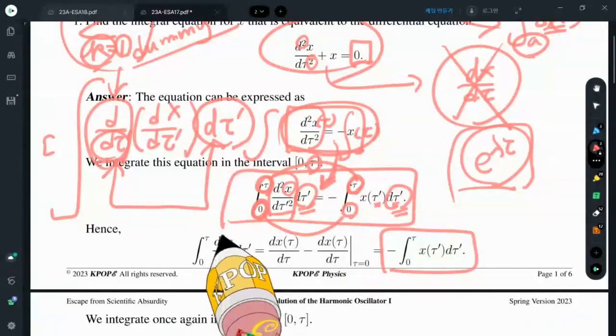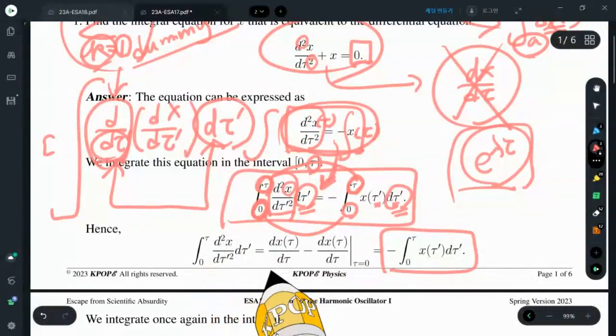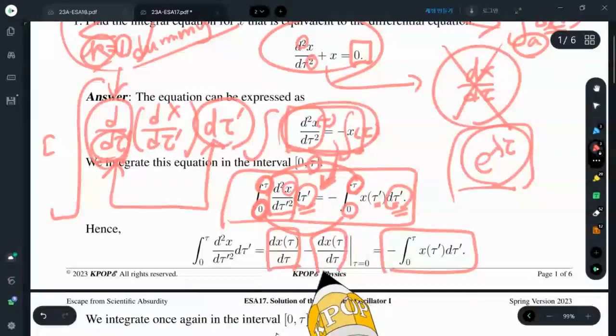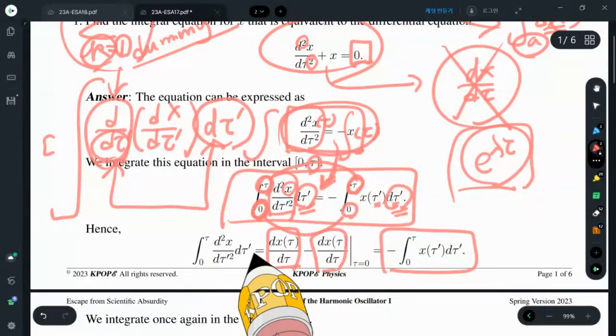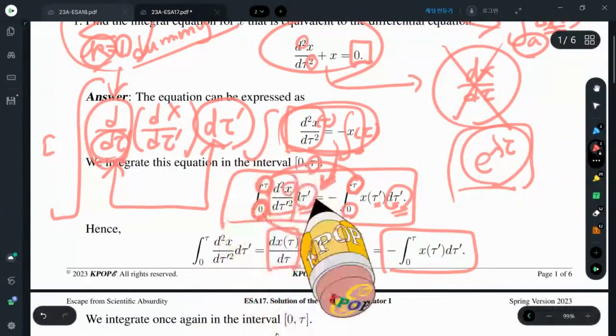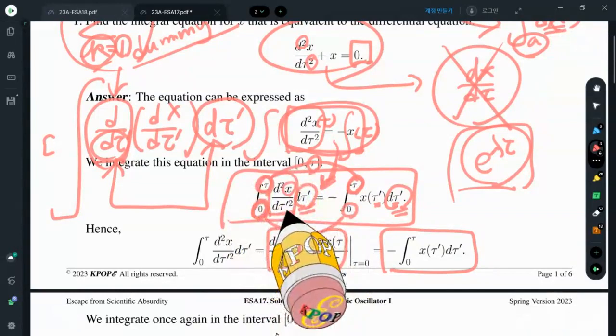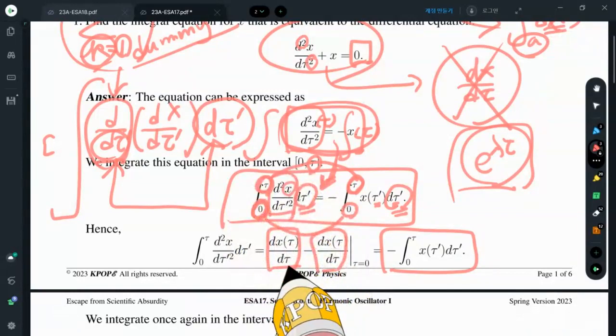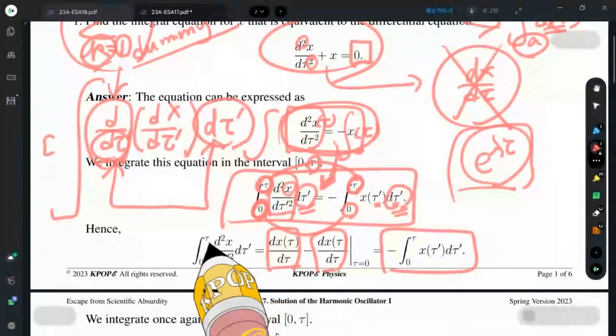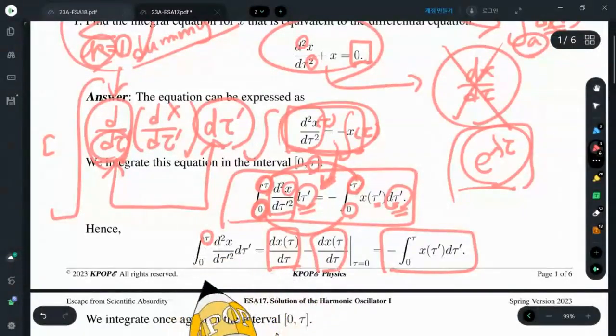So if I remove one derivative, your primitive function is the first order derivative. So the left-hand side is completely determined by the lower order derivative, evaluated at the upper limit, subtracted by the value at the lower limit.